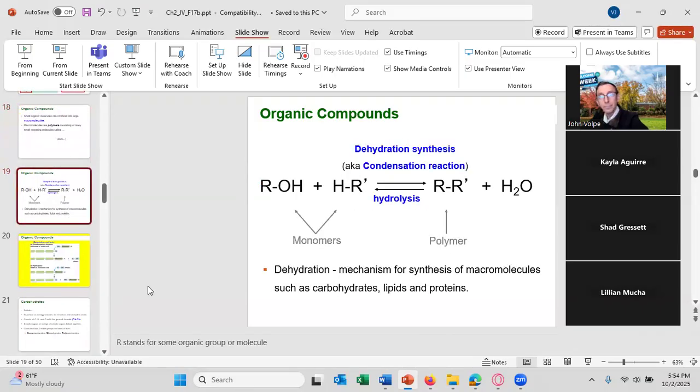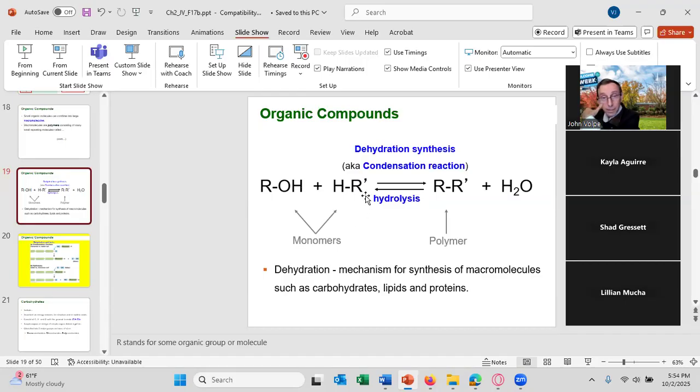All right. Organic compounds can be synthesized by taking monomers and joining them together, where this O binds to that R. Actually, I take that back. That R binds to that R, that OH comes off and the H comes off forming water.